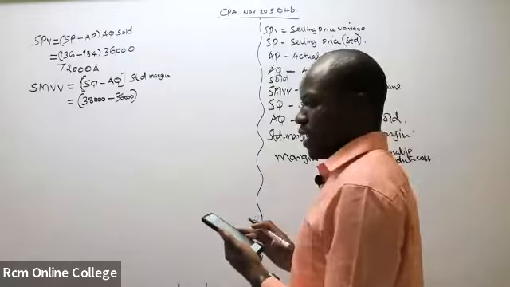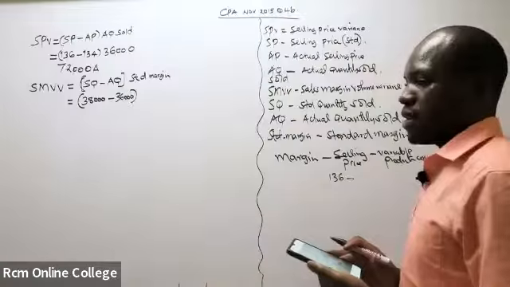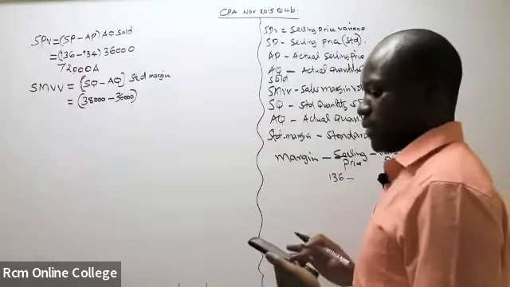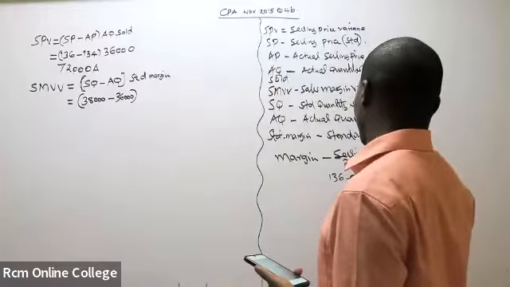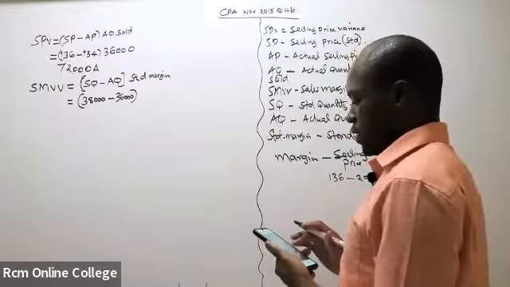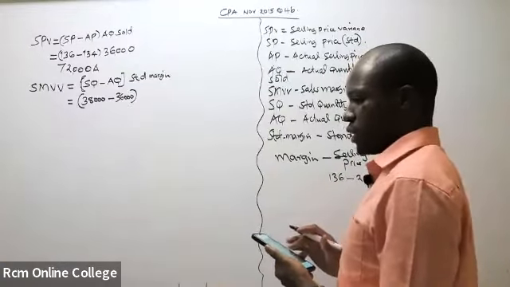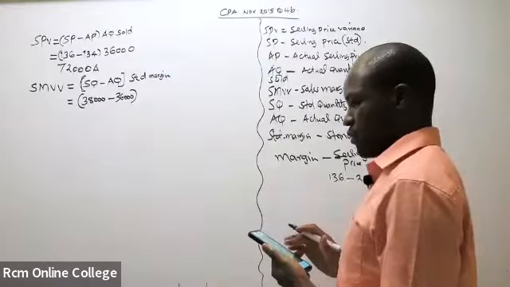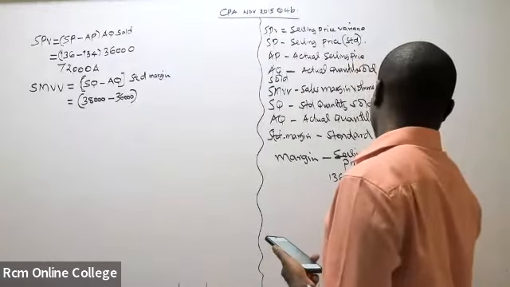What was the cost of direct material per unit as per the standard? 20. Minus labor. What was the labor cost per unit? 72.